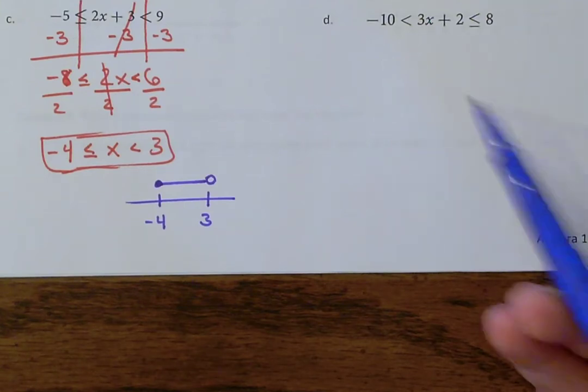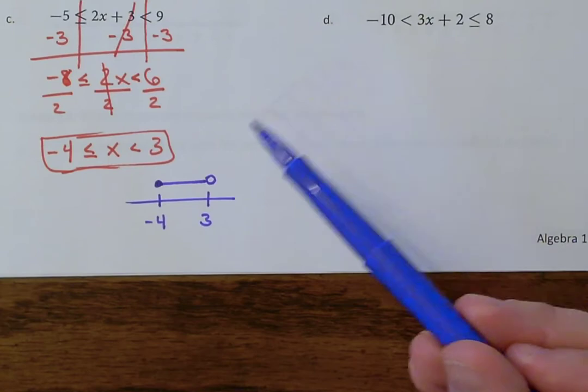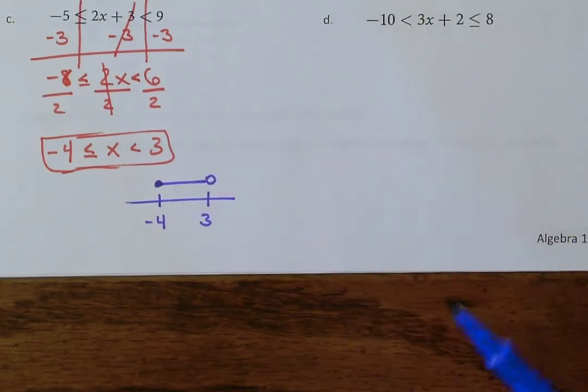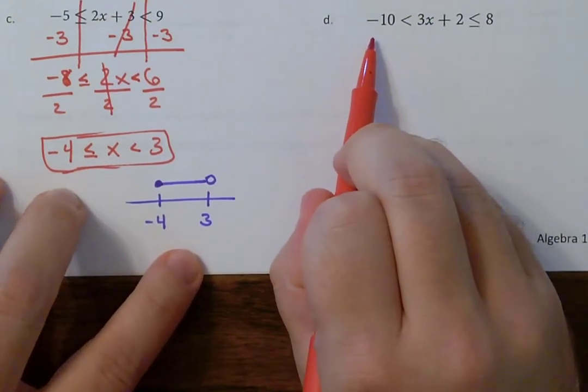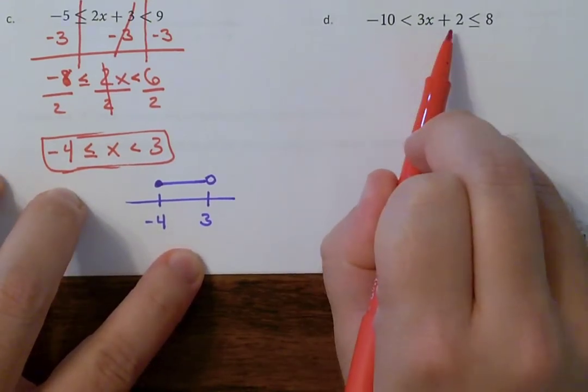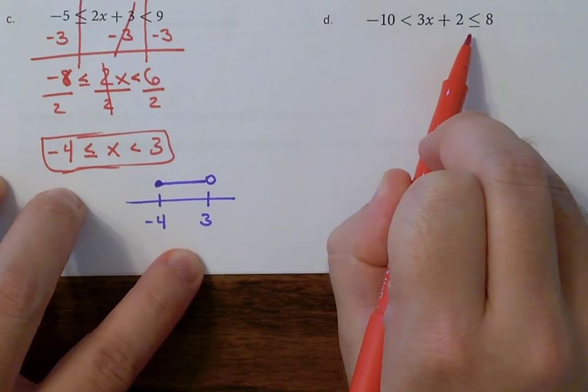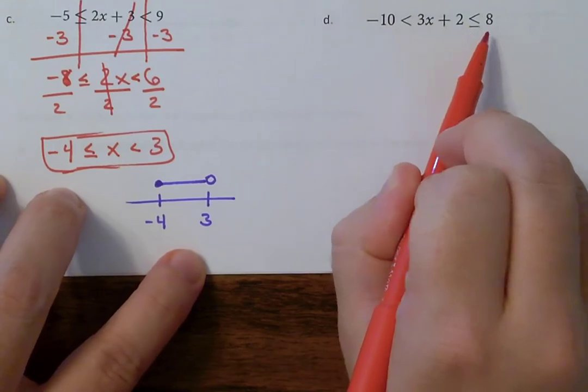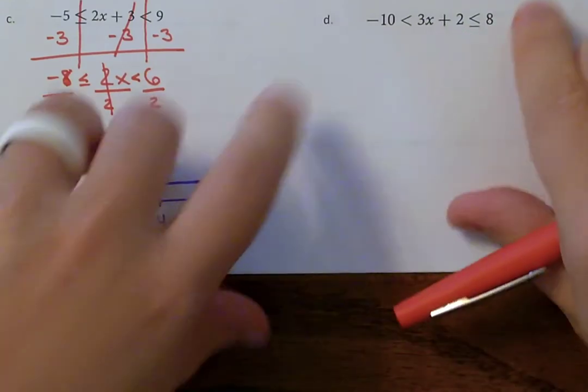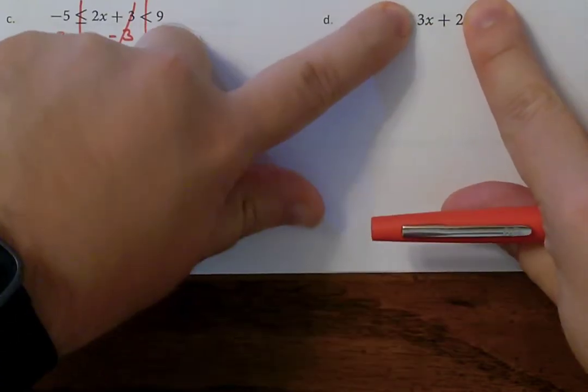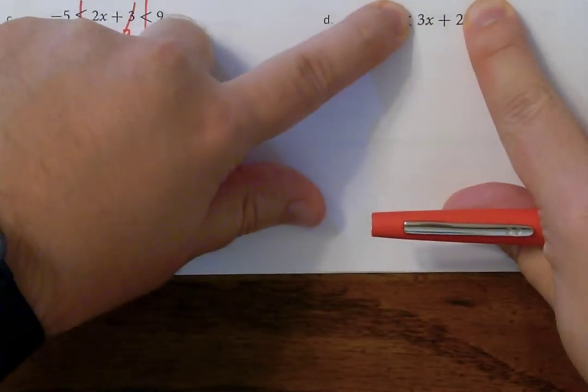All right, D is going to follow the exact same format that we just did here, just different numbers. So if we look at D, we have -10 is less than 3x plus 2, which is less than or equal to 8. So if we're solving this, again, we're going to look at the middle part. So I have 3x plus 2.